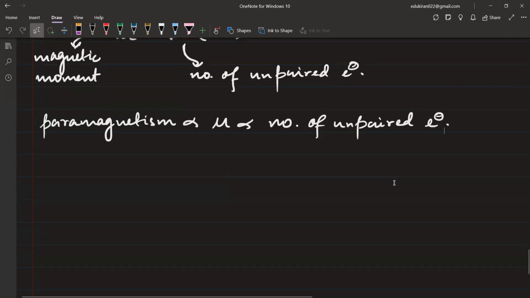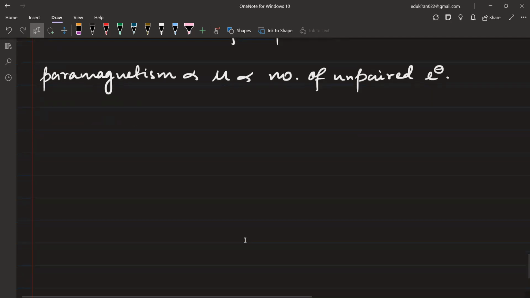Okay. तो यहाँ पे आप लोग के पास जरूरी है क्या कीजिए? You should understand where you are having higher number of unpaired electrons, and where you are having low number of unpaired electrons. And mostly you will be given the complexes. Please see.